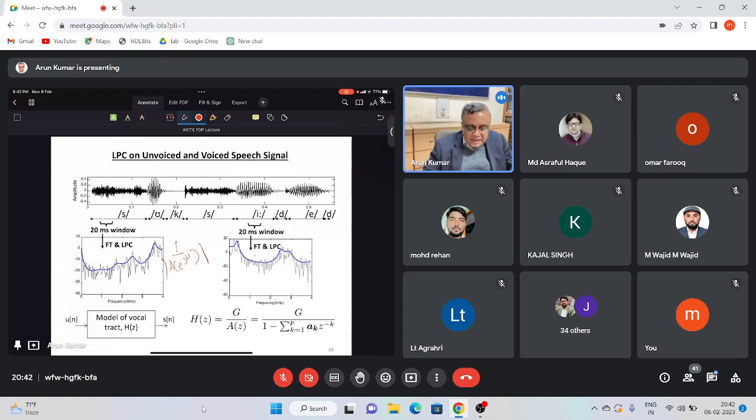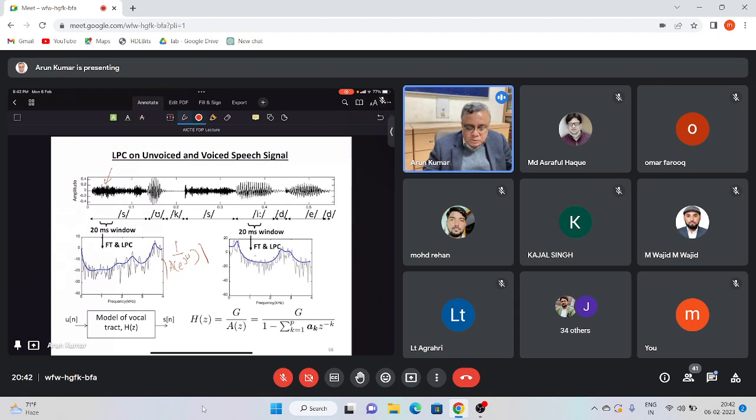So the black line over here shows the magnitude Fourier transform of the signal from the noisy part, for the utterance S. And the blue line over here denotes the frequency response of the vocal tract filter, which has been modeled using the previous equations.